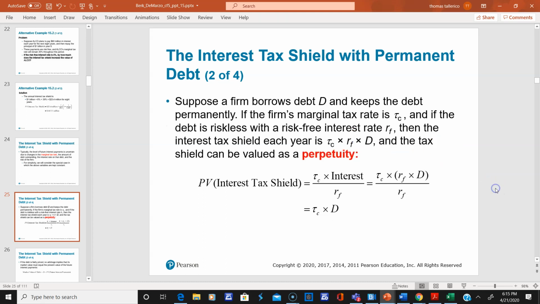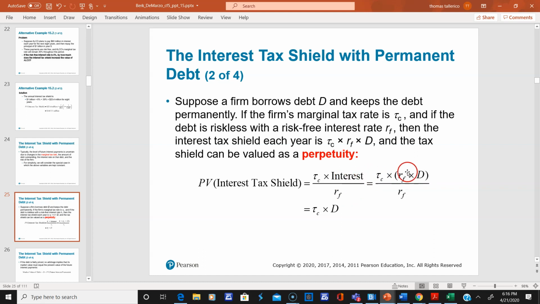So that's a perpetuity. So the present value of the interest tax shield is TC times the interest, which is the corporate tax rate times the interest. So that's the tax shield divided by the risk-free rate, because it's a perpetuity, right? It goes on forever. Remember that? So TC times the interest. So what is the interest?